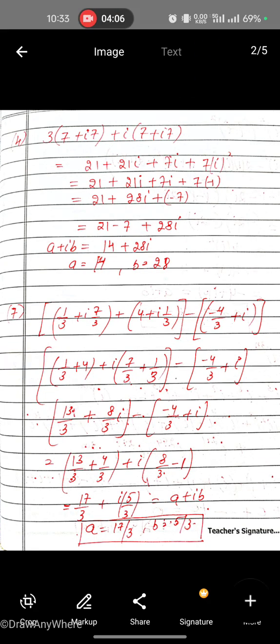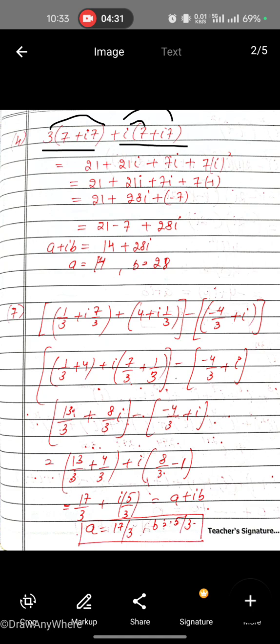Yes class, so this is your fourth question, again based on the simplifications. So 3 is multiplied in this bracket and iota we have to multiply under this bracket. So we will get 21, 7 into 3, that is 21 iota, iota into 7, that is 7 iota, and iota into iota 7, that is 7 into iota square.